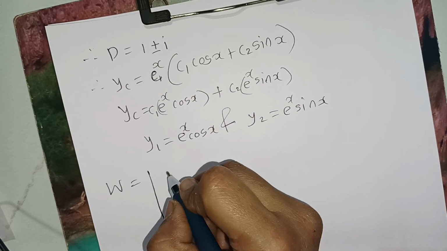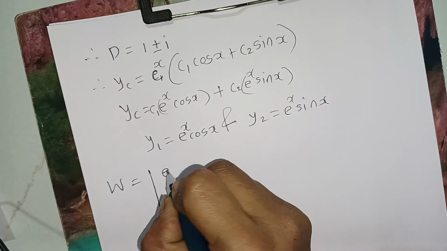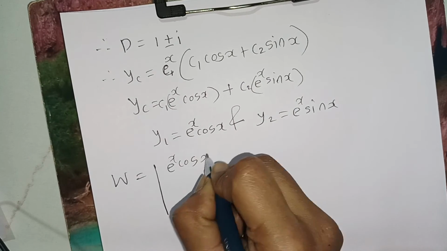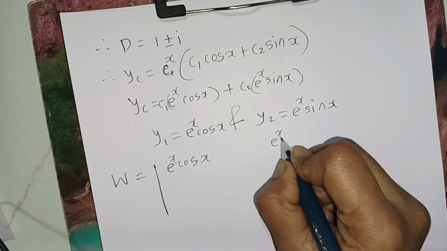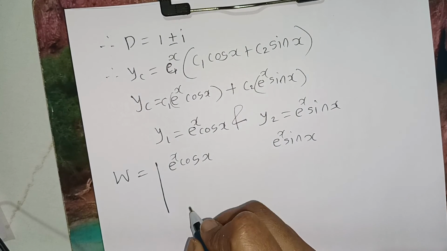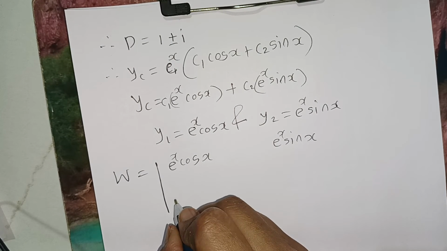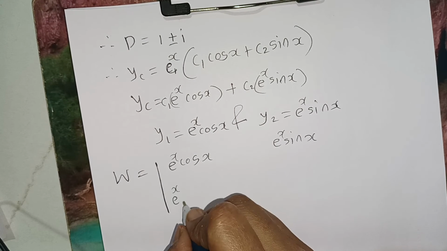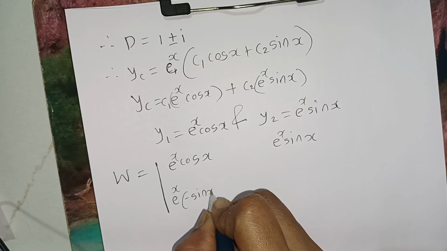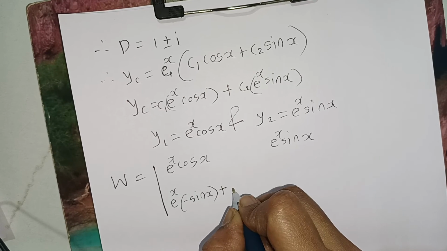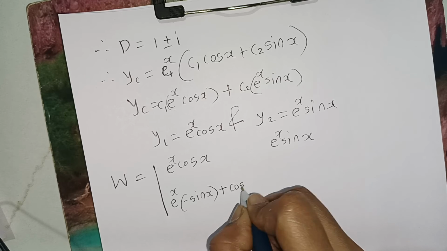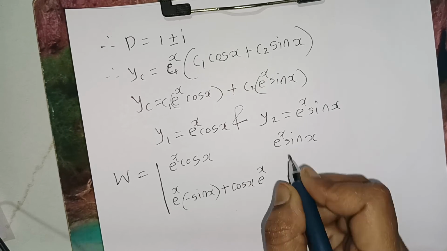So Wronskian is equal to y1, e raised to x cos x, y2, e raised to x sin x, and take the derivative of corresponding functions. Derivative of e raised to x cos x is keep e raised to x as it is, derivative of cos x is minus sin x, plus keep cos x as it is, derivative of e raised to x is e raised to x.